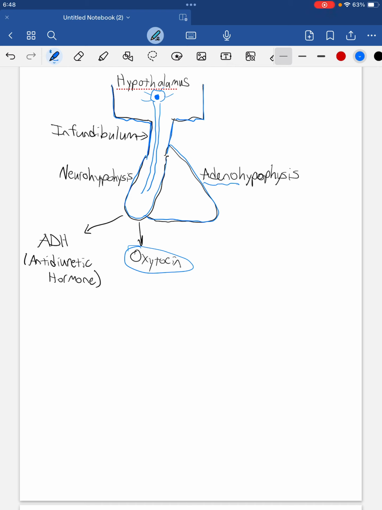And then ADH, antidiuretic hormone. This is also produced in the hypothalamus and sent to the posterior pituitary. The posterior pituitary does not make any of its own hormones. And there it is released. So antidiuretic.